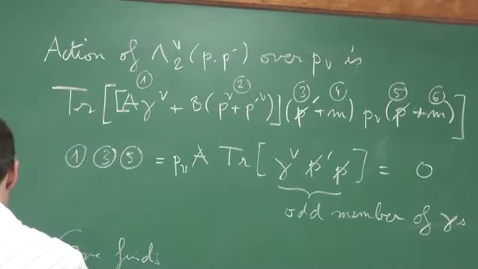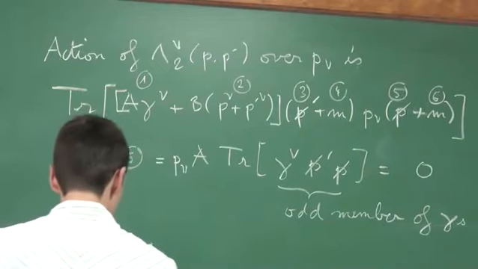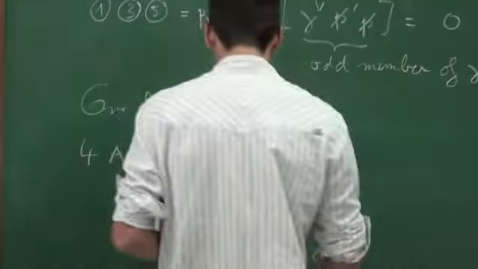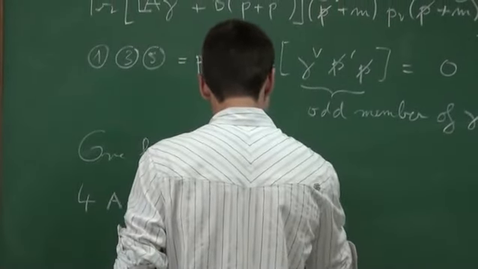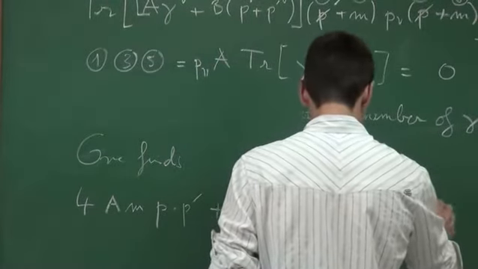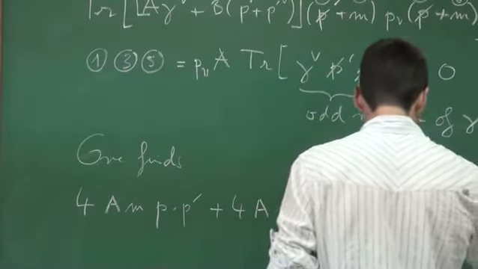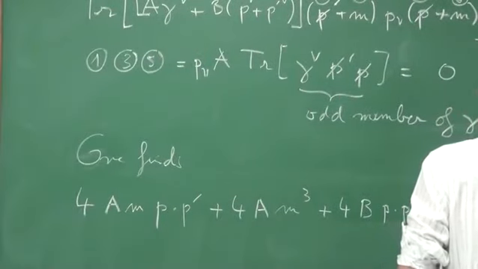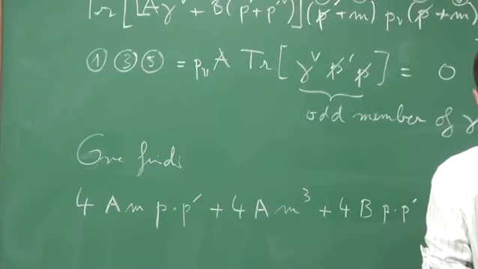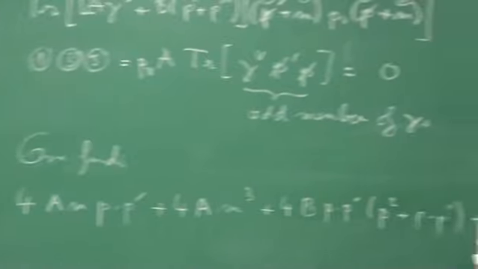For A and the prime plus 4a. This is the exercise. Plus 4b prime times square plus prime plus 4b. Okay.